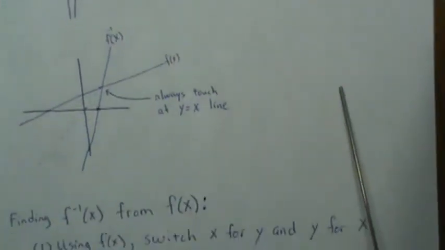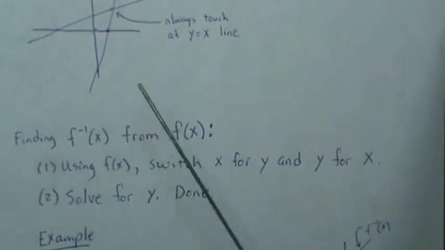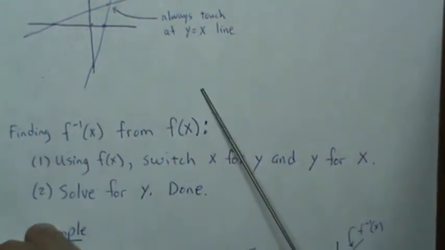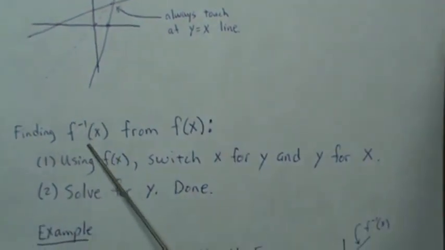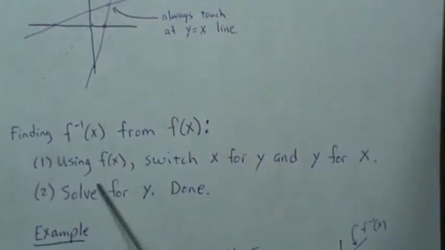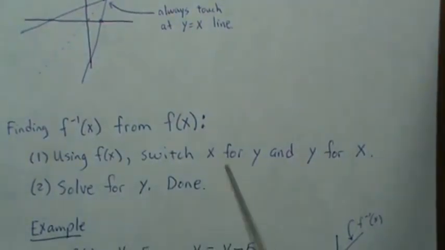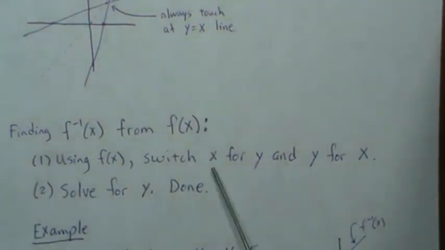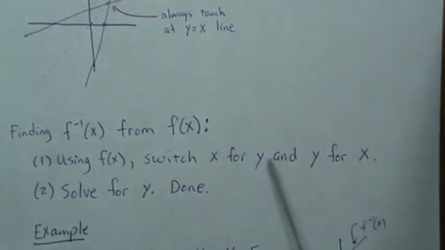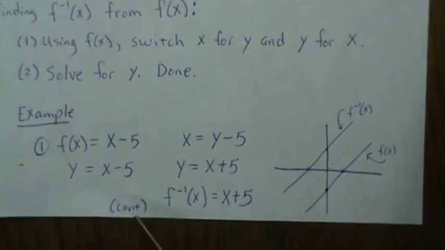Okay, so what that means is, let's say we're given f of x, and we want to find the f inverse from the function that we're given. Using the function, we just switch x and y. We switch x for y and y for x, and then solve for y. So a quick example is this.